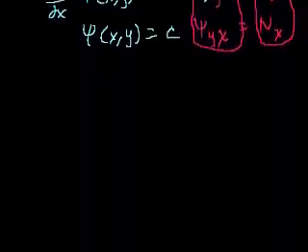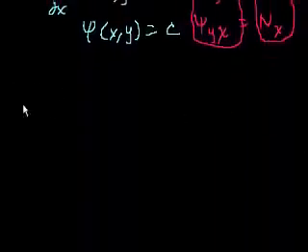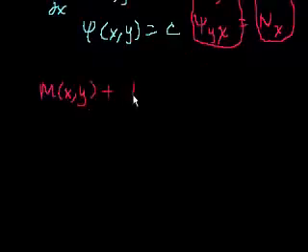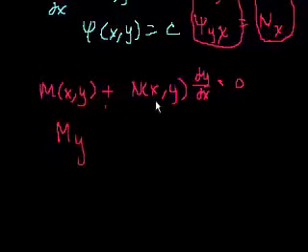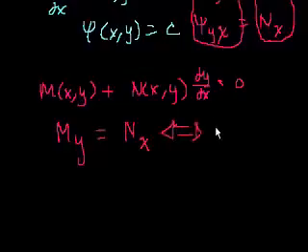So let me rewrite all of that again and summarize it a little bit. If you see something of the form m of x, y plus n of x, y times dy/dx is equal to 0, and you take the partial derivative of m with respect to y, and the partial derivative of n with respect to x, and they are equal to each other, then, and it's actually if and only if, so it goes both ways, this is an exact differential equation.